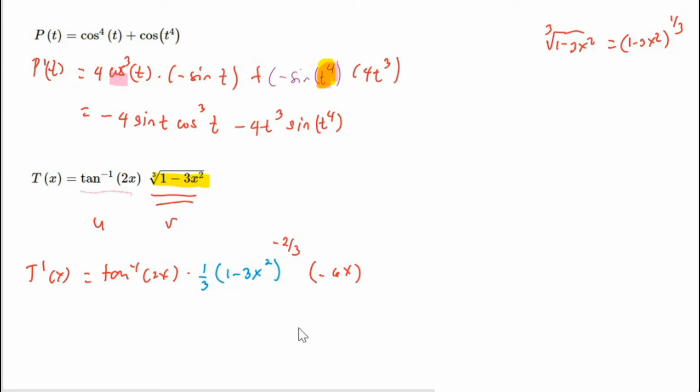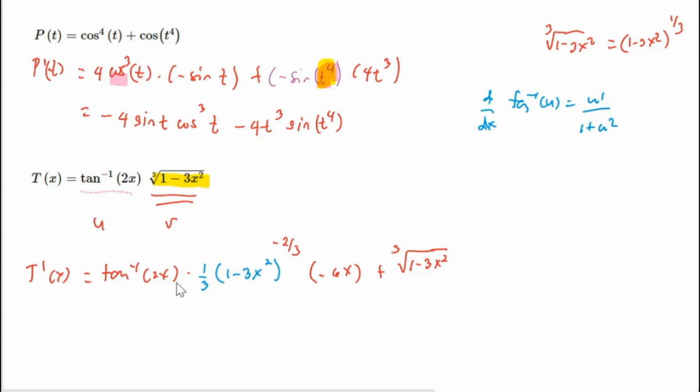Now, the second term, we have plus v du. So copy the v. We have the cube root of 1 minus 3x squared times the derivative of u. So we have to write first the derivative of arctangent. The derivative of arctangent of u is just equal to u prime over 1 plus u squared.